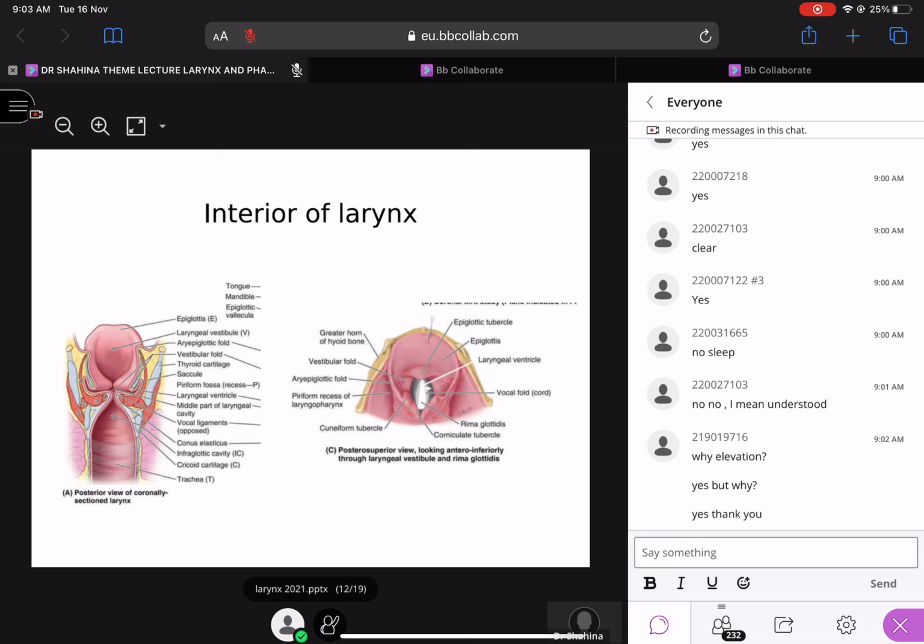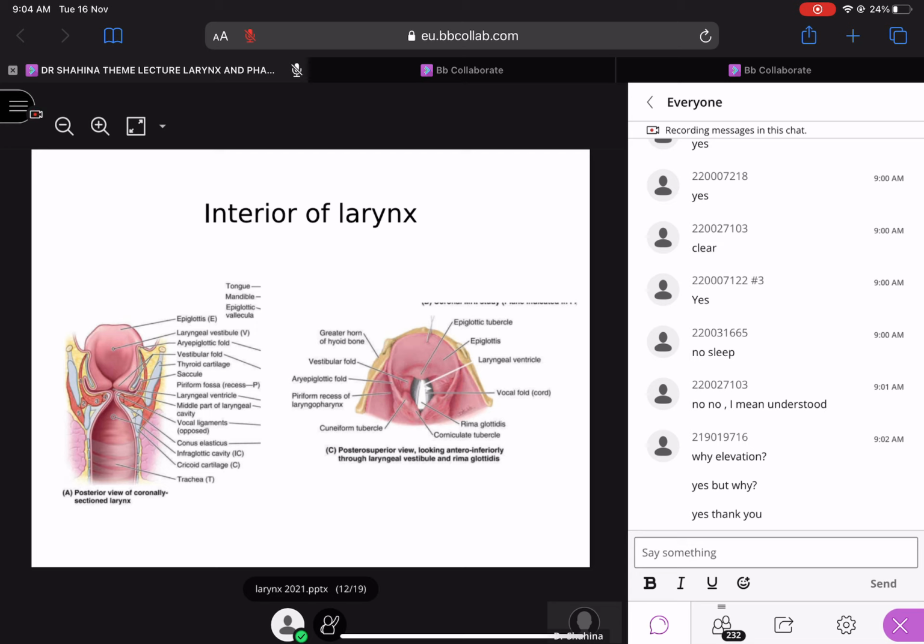Now, guys, this is the interior of the larynx. There are some other points also for the cartilages, but I have not given you because I don't think that you need it. Okay, so just leave it. Now here you can see this is the inlet of the larynx. So you will see the inlet here. This is bounded by the epiglottis.